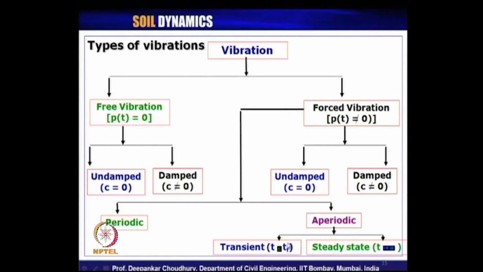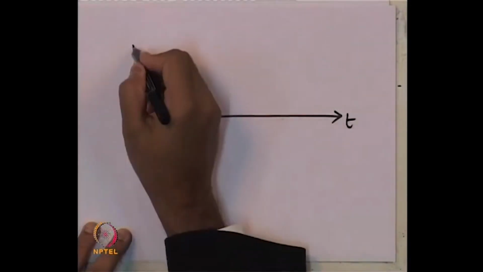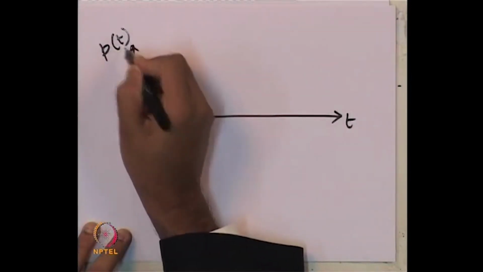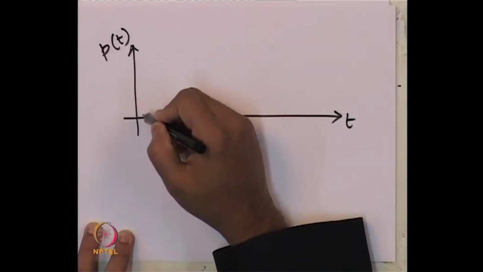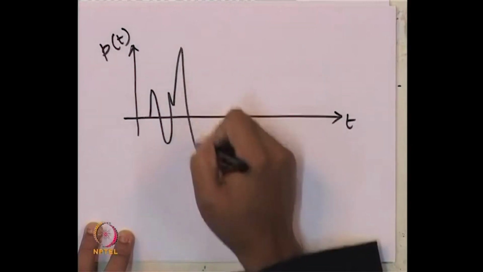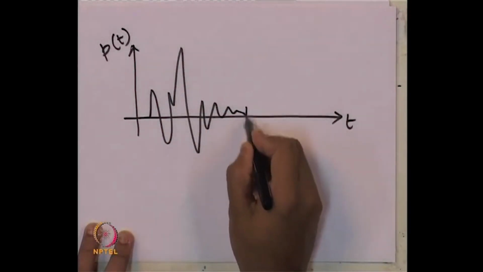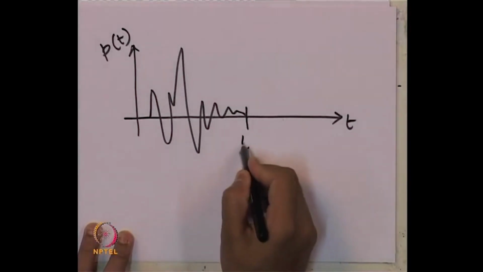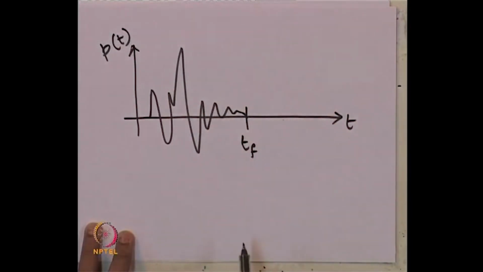What is transient type aperiodic forced vibration? When this externally applied dynamic load, P of t, with variation with respect to t, is aperiodic in nature. So, suppose it is starting somewhere here and it is random actually, it stops here at a certain time, say T f. After that, P of t is not present in the system.